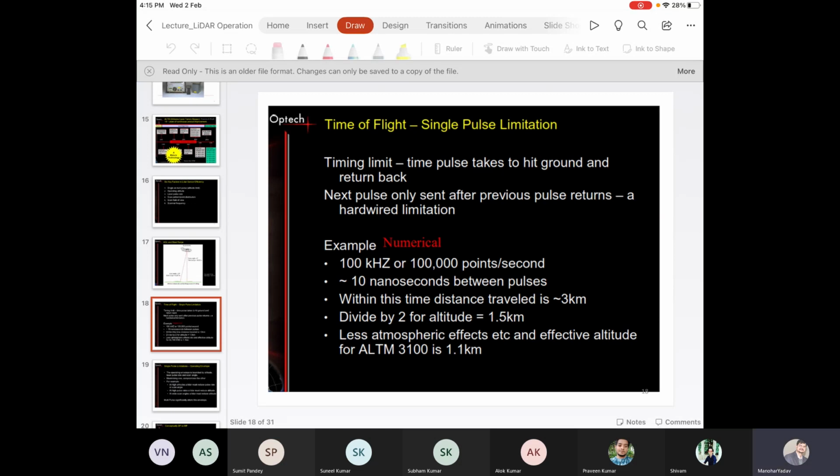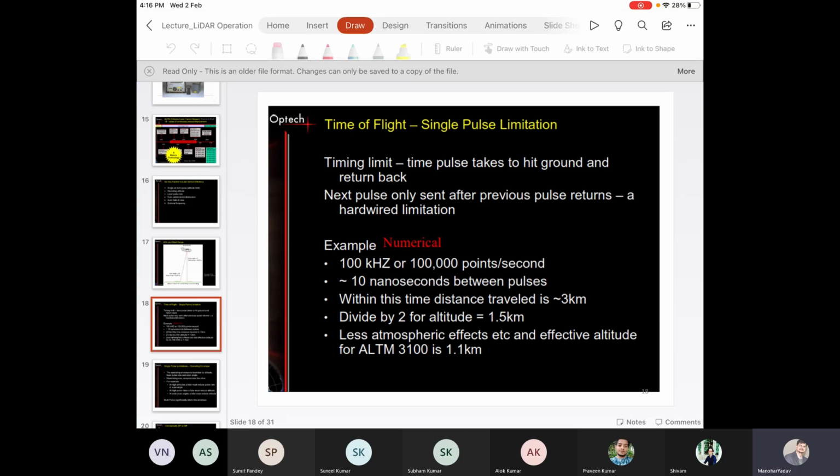Okay. So if your sensor is generating laser beam at 100 kilohertz, it means 1 by f, 1 by 100 kilohertz will be 10 nanosecond, its time period. Within this time, 3 kilometer distance is traveled, and half of it will be the limitation for the altitude.